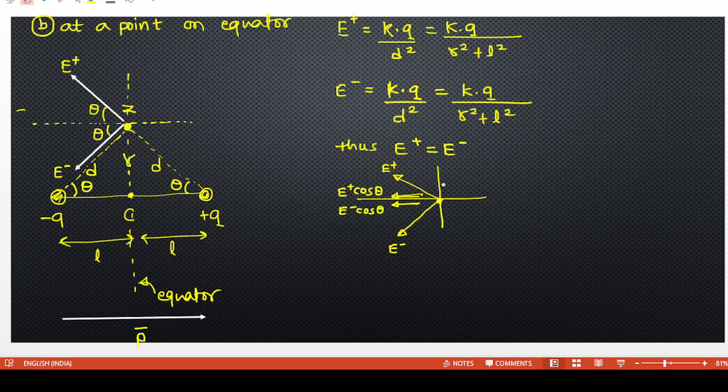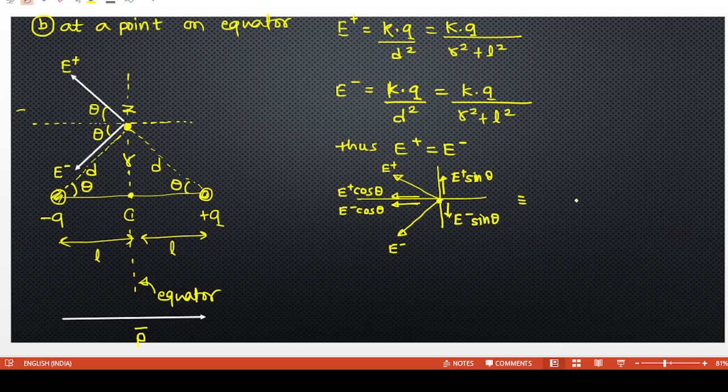Show this separately. Write down. This component will be E plus sin theta, and this will be E minus sin theta.